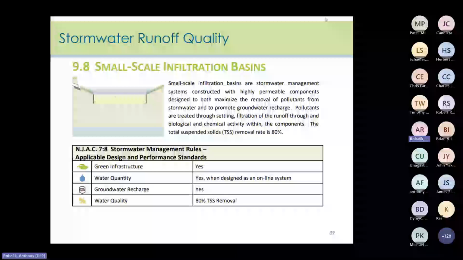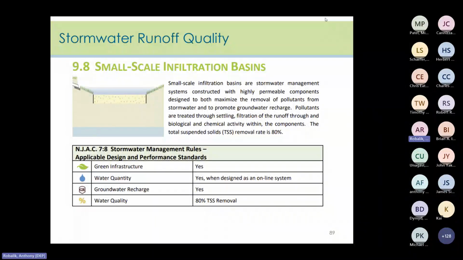So every BMP in the BMP manual has a summary page. This is the page for small-scale infiltration basins. The paragraph at the top describes how the BMP functions to remove pollutants and lists a TSS removal rate. The table shown below the description lists whether a BMP can be used to meet each of the design and performance standards.